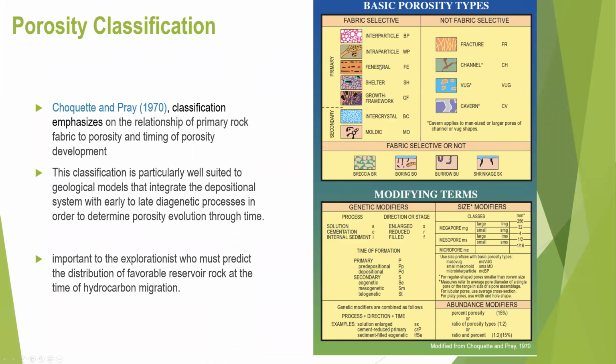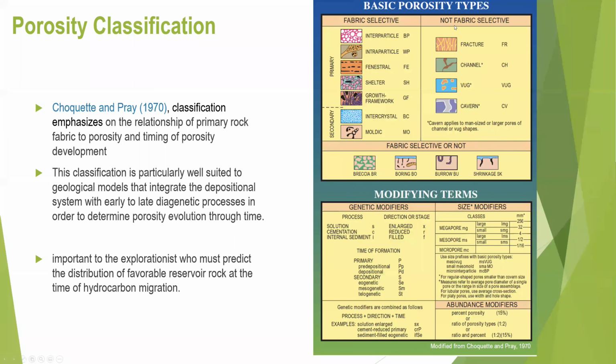The Choquette and Pray classification of porosity is related to the fabric and the timing of the porosity development. For example, if the porosity agrees with the rock fabric, we say that we have fabric-selective porosity.